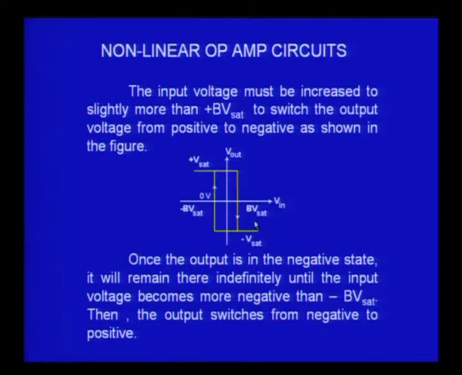Some of you may be familiar with the hysteresis graph that we get when we take a magnetic material through a cycle of magnetization. Of course, it will not be a square loop like this unless it is a highly ferromagnetic material like a ferrite. So, you will get hysteresis behavior in those devices also.